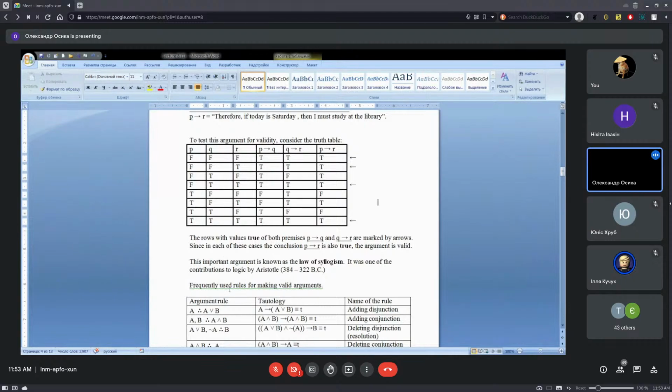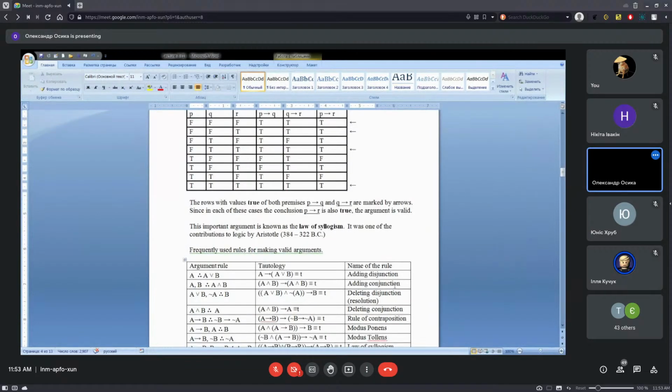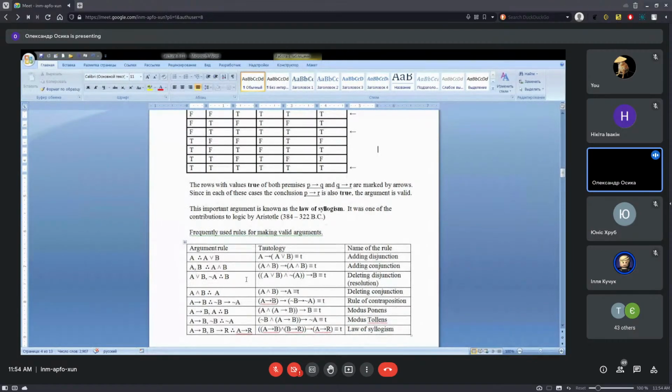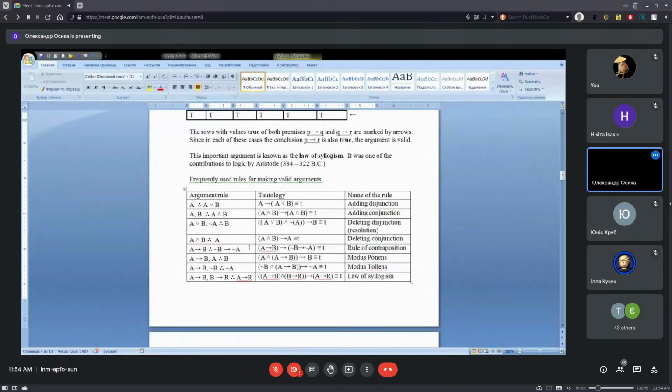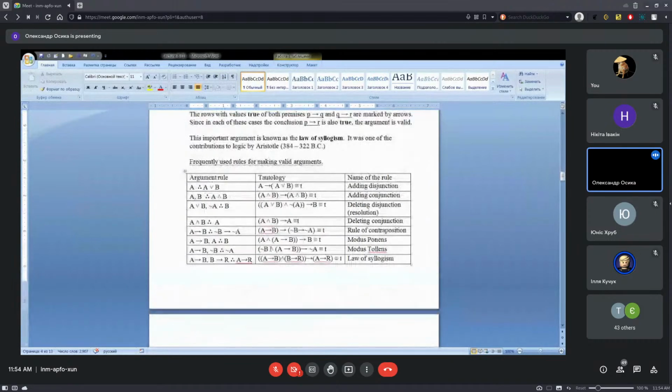Frequently used rules for making valid arguments. The argument rule has one premise: if A and B is true, then A or B is also true.